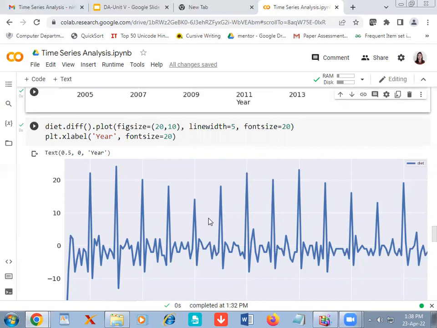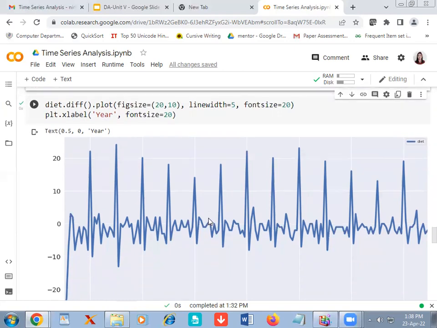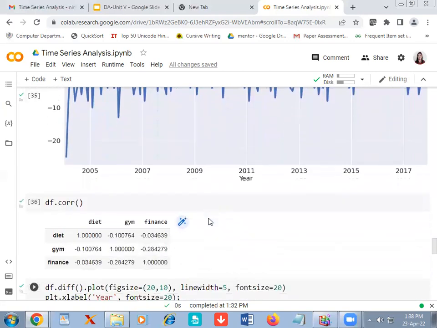After differencing, what we need is to consider that the time series is periodic and autocorrelated, meaning every 12 months the pattern is changing. When I want to relate diet and gym, I need the correlation coefficient, meaning the correlation between these two things, which we have studied.